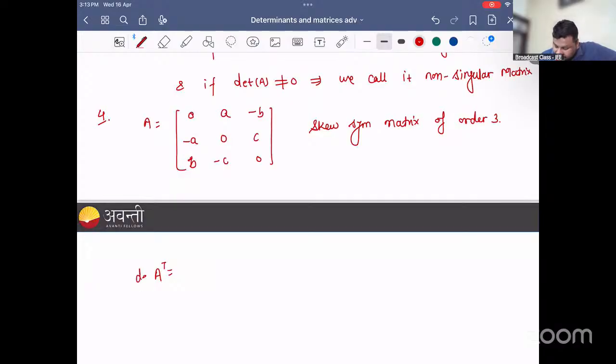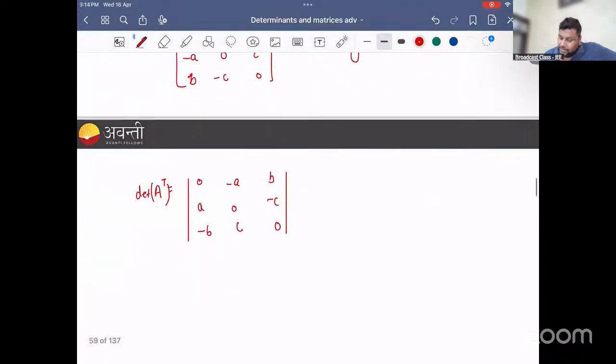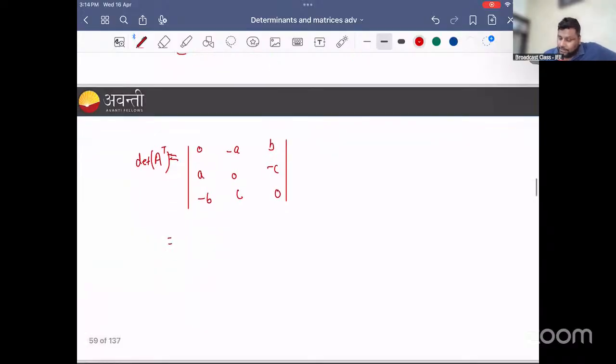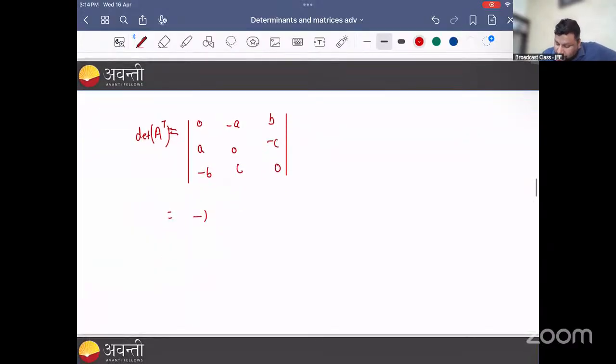Now I take A transpose. Say I take determinant of A transpose. That will make the first row as first column: 0, minus A, B; A, 0, minus C; minus B, C, 0. Now in case of determinant, what do we do? If we multiply with something, we multiply in any row. If we take common from something, we take common from any row. So that means if I take minus common from all the 3 rows, it will be minus 1 cubed.